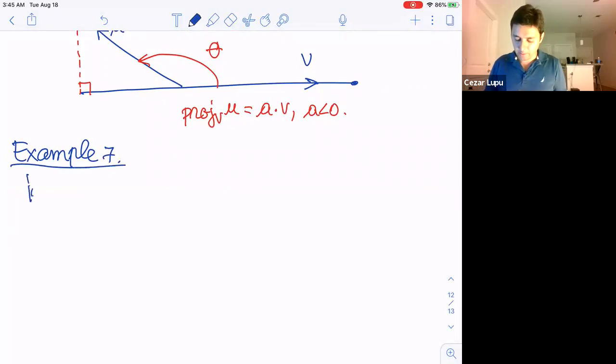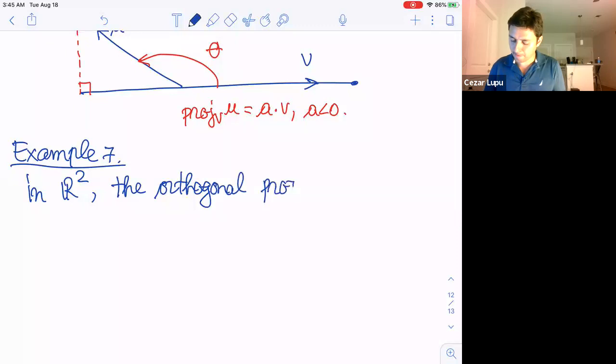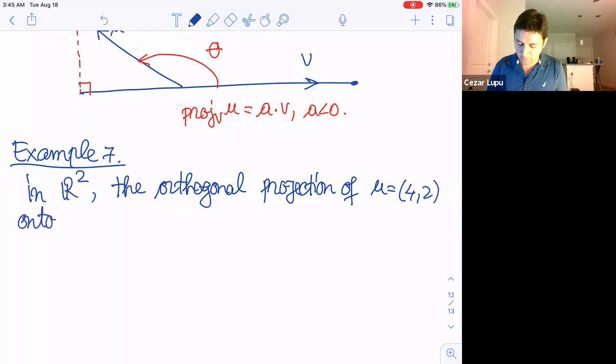Let's in R2 pick two vectors, and the orthogonal projection of, let's say, the vector u = (4, 2) onto the vector v = (3, 4) is given by the following.